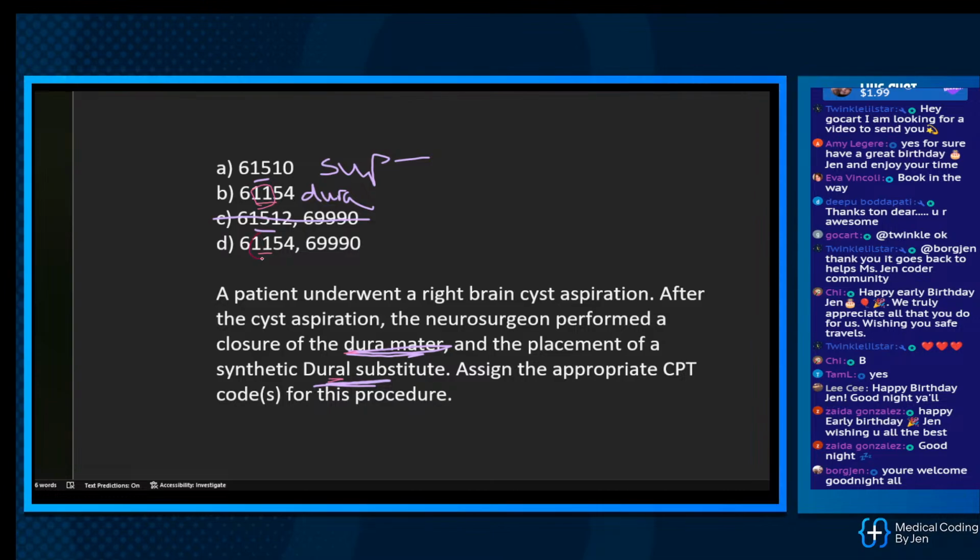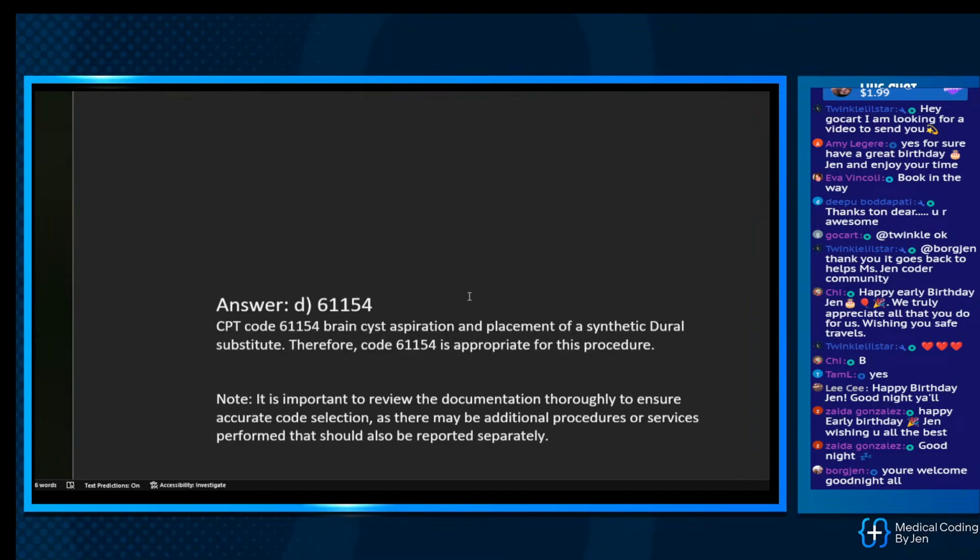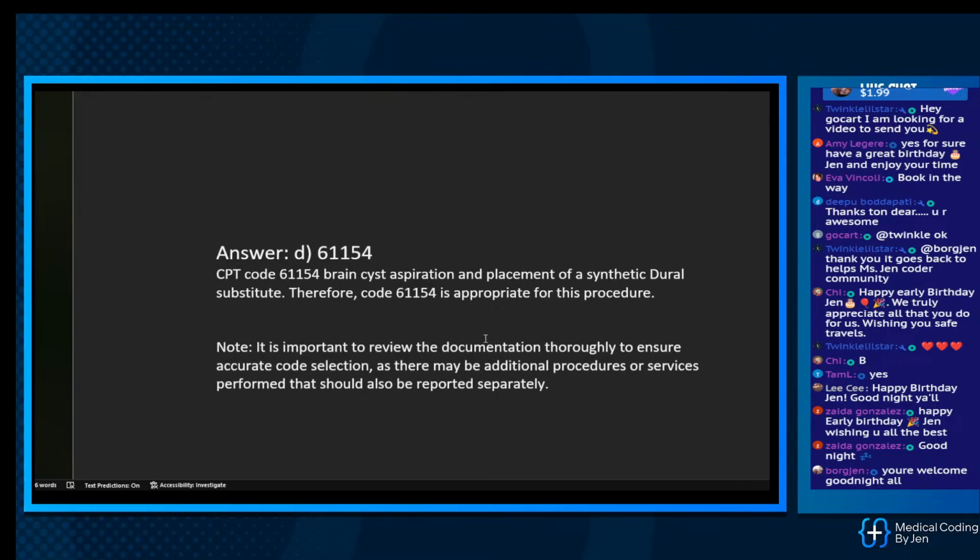Then you just need to know if you can add your microscope or not, if it was done. I don't see anything about a microscope in here. Looks like they just drilled a hole, and they don't really say anything about drilling a hole, but anyway. This one's just D.